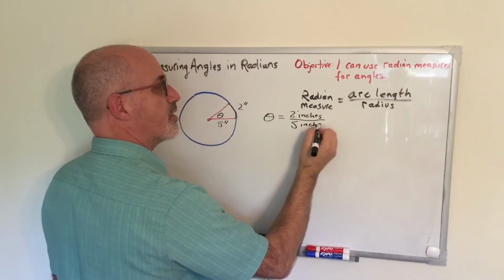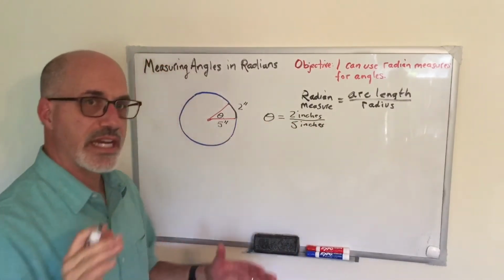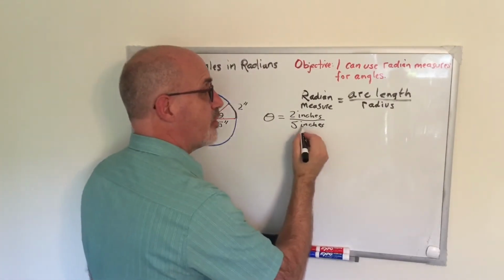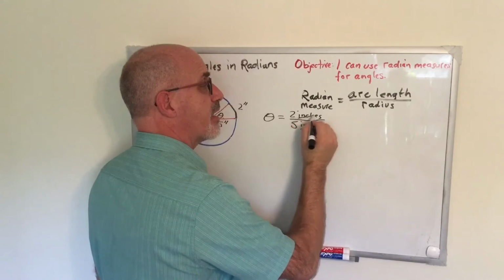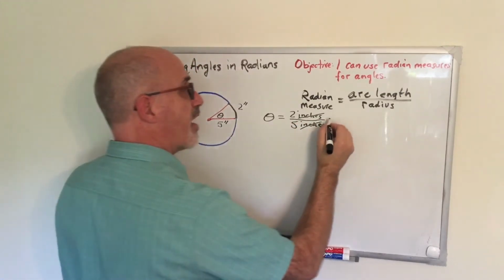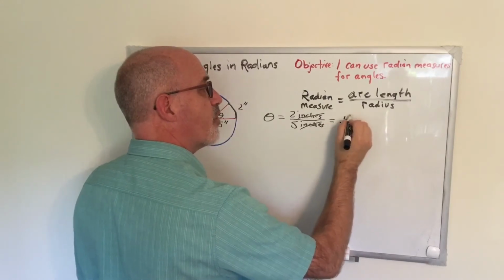Notice one of the advantages of radian measure is that the unit of measure reduces out in the fraction, and 2 over 5 becomes a decimal of 0.4.